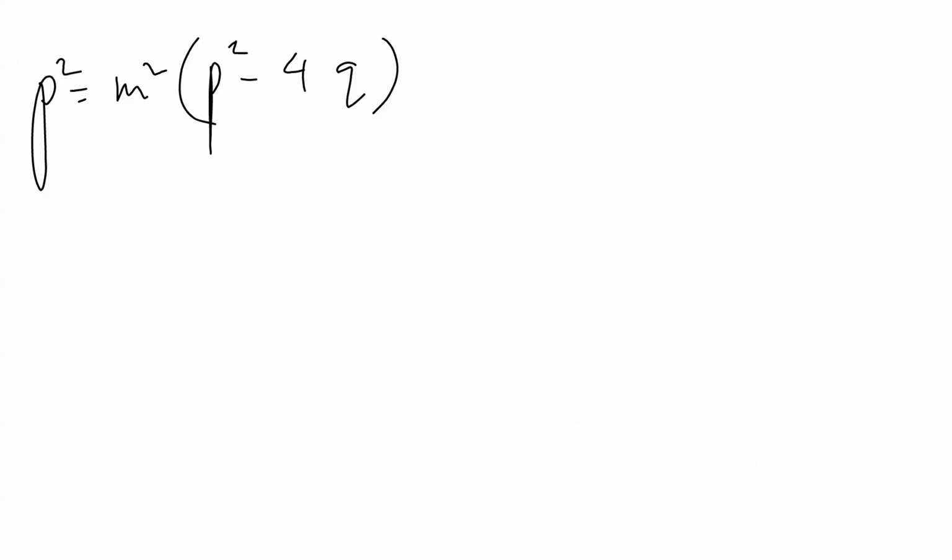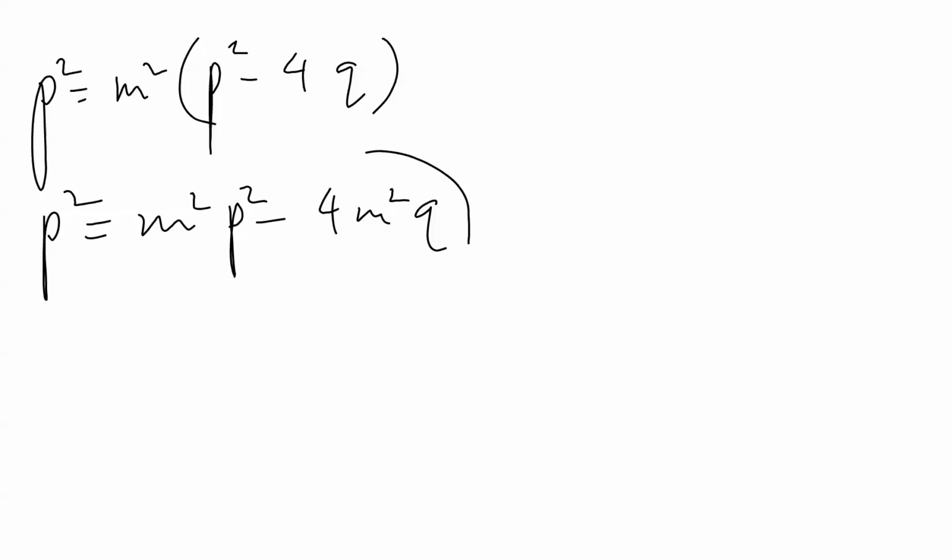Now see, multiply this right hand side. We get 4m square q. Now we require m square minus 1, and this term should be a singular term. Okay, so this is a singular term.